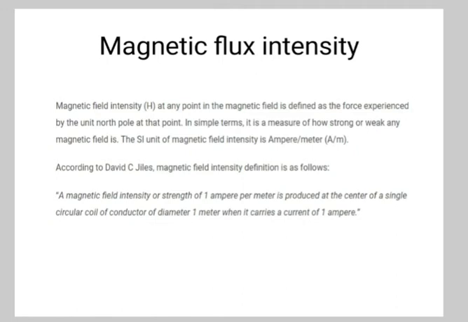And here what is B? B is the magnetic flux density, a measure of the actual magnetic field within a material considered as a concentration of magnetic field lines or the flux per unit cross-sectional area. And mu is the magnetic permeability and M is the magnetization.